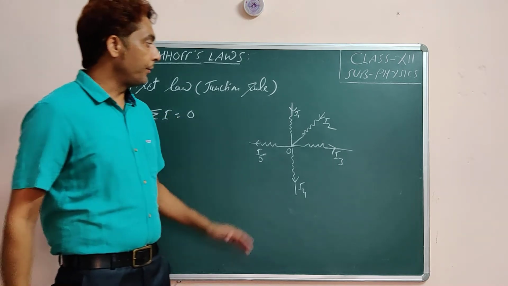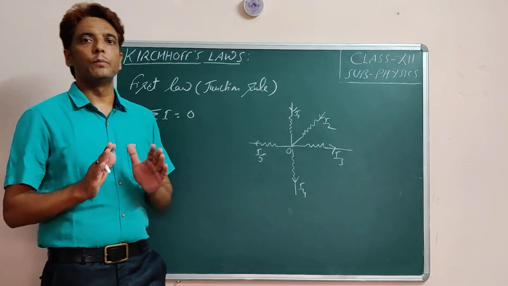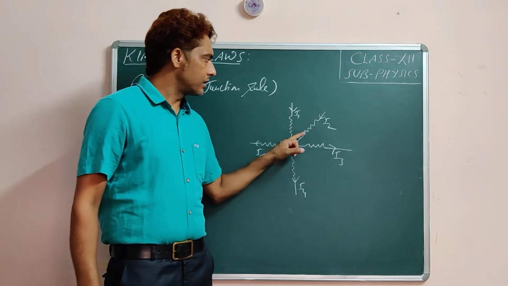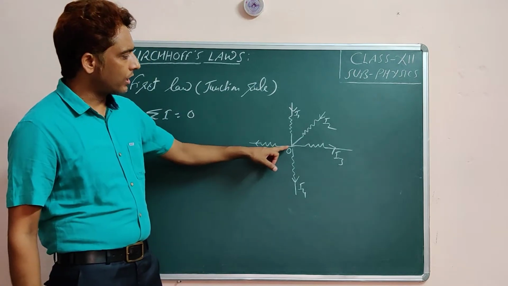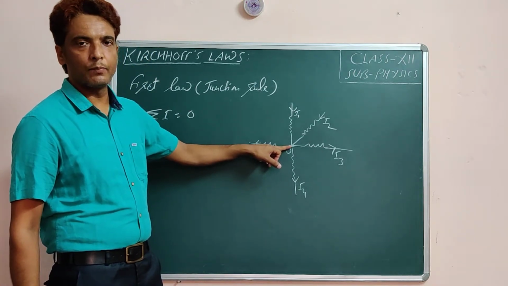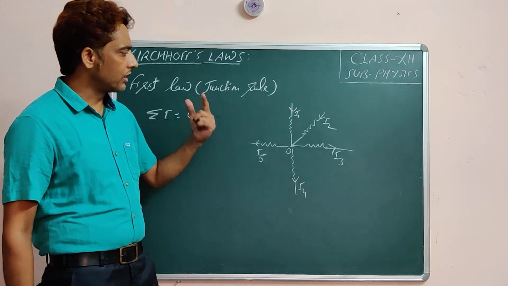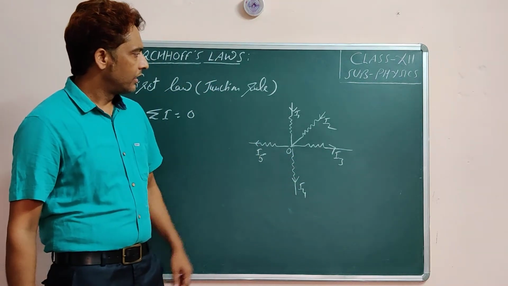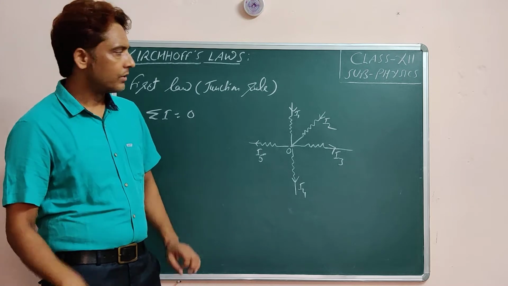Now when we take the sum, we take some sign convention into consideration. Those electric currents which are coming toward the junction are taken as positive, and those currents which are going away from the junction are taken as negative.